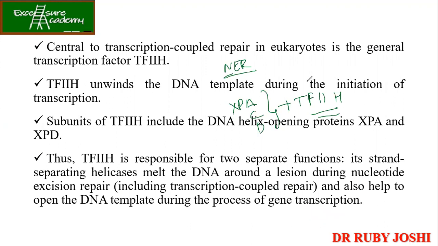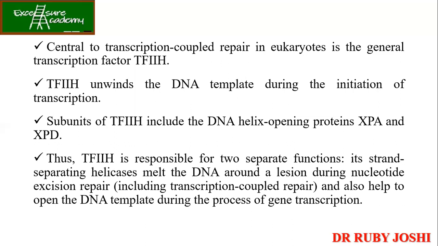Okay. And we have also discussed that NER is also helping in the transcription which is getting stalled because of the distortion. So wherever RNA polymerase is getting stuck because there is a distortion in the DNA, then also it is going to recruit your NER so that it can repair the distortion.